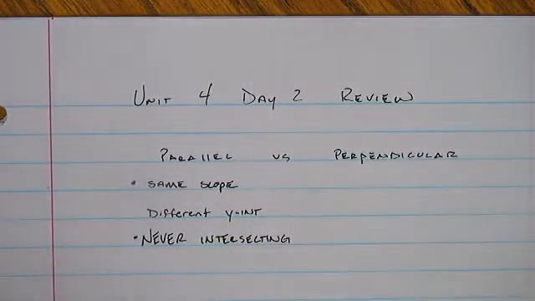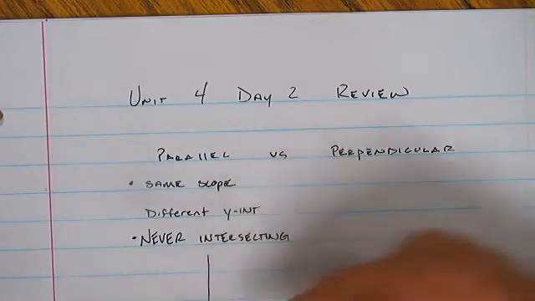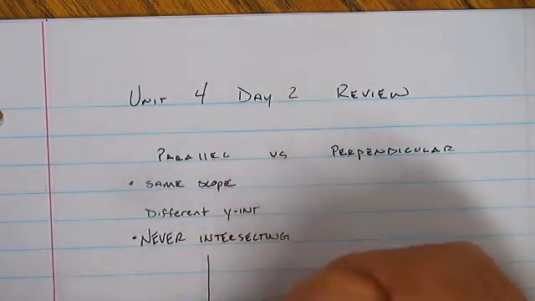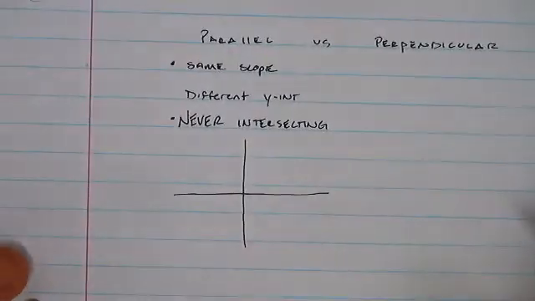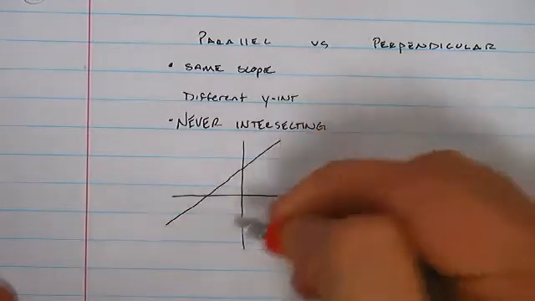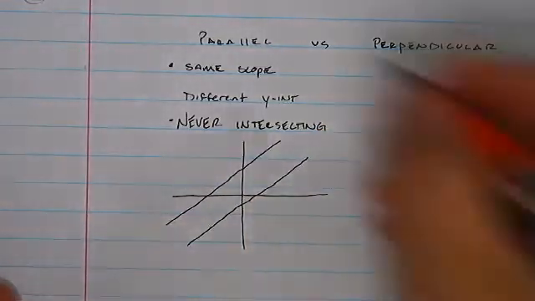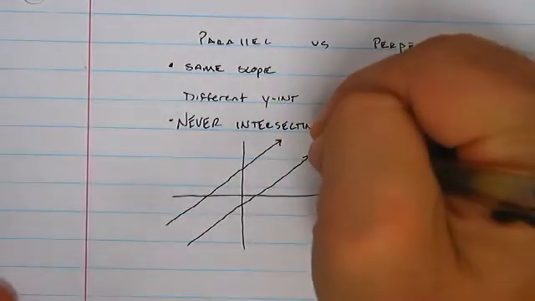Never intersecting. All right, so parallel just means they're going to run at the same trajectory and never touch. Now, they can be positive parallel, they can be negative parallel, really doesn't matter, just as long as they are traveling in the same direction at all times, and those two lines would never intersect.